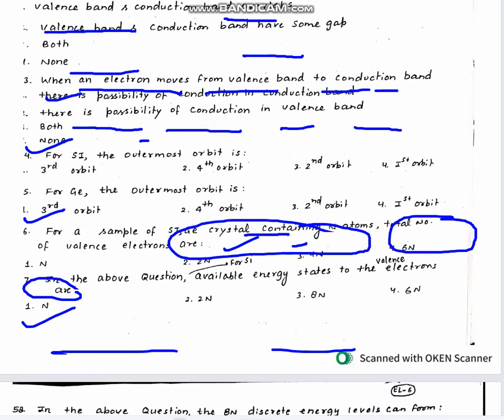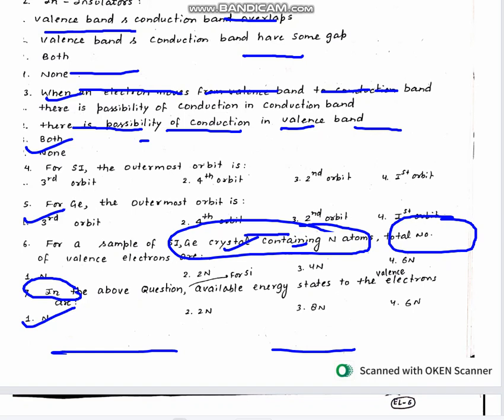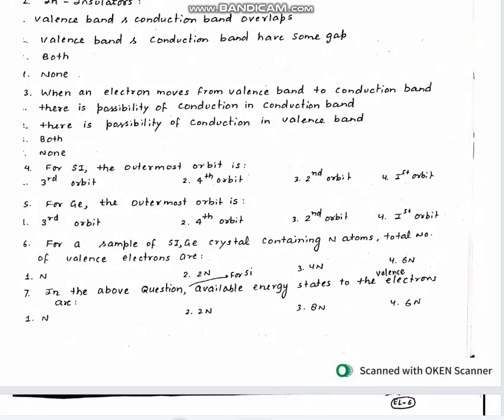Next is: when an electron moves from the valence band to the conduction band, there is a possibility of conduction. Obviously, there is a possibility of conduction in the conduction band.